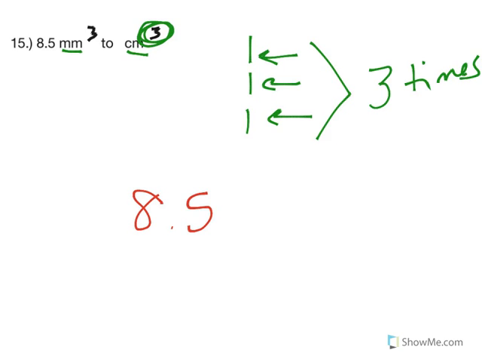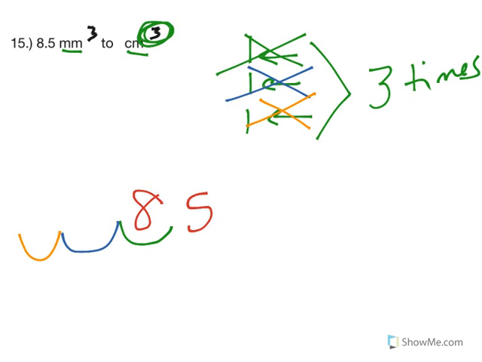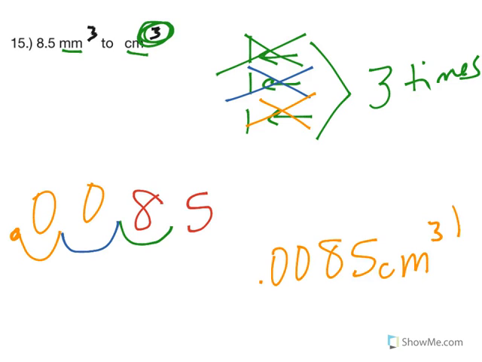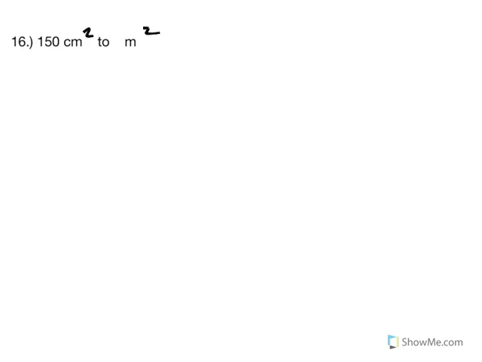So I would say 1, and that took care of the first one. Then I would go again, and that would take care of the second one. And then 1 more, and that would take care of the third one. So if I go from 8.5 cubic millimeters to cubic centimeters, I would get 0.0085 cubic centimeters. Because if you have cubic, you've got to do it 3 times. If we had it squared, we would do it 2 times. Oh, look at me leading into number 16.